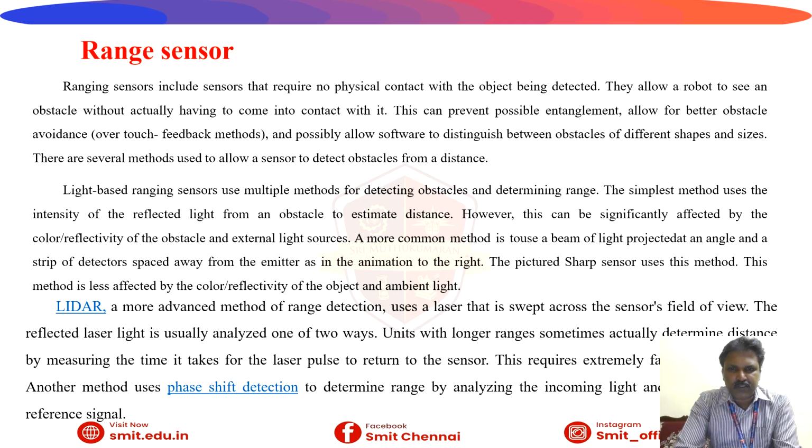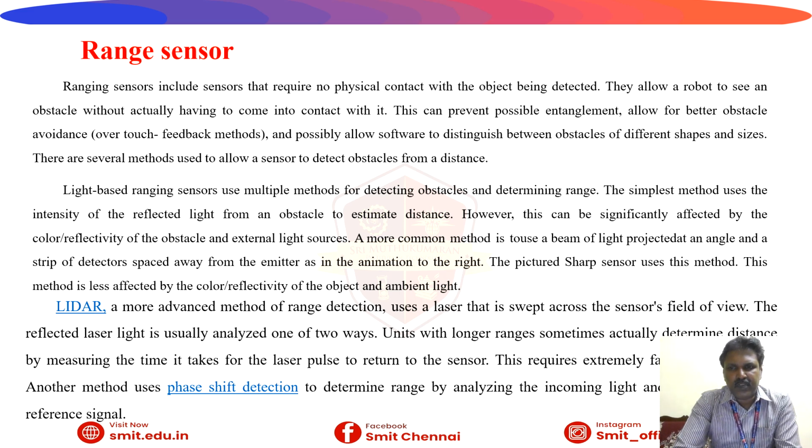Light-based ranging sensors use multiple methods for detecting obstacles and determining range. The simplest method uses the intensity of the reflected light from an obstacle to estimate distance. So like that, with the reflected light method, we can see what objects are present in front of the path.